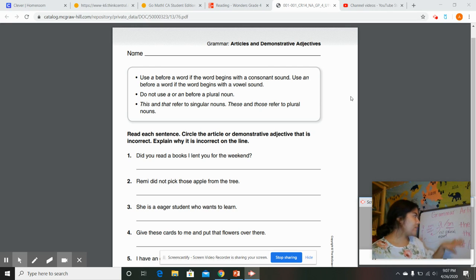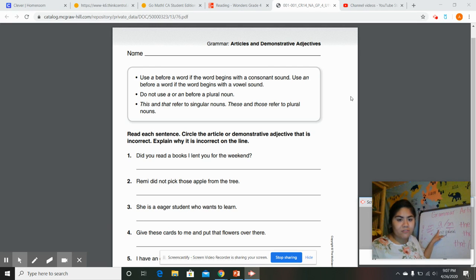So they used one of these words. They used a, an, these, those, that, this, or the. You have to circle the word they used, and I don't need you to explain why it's incorrect on the line, but I want you to write the correct version. So, for example, did you read a books I lent you for the weekend? Well, in that sentence, they used a, right?